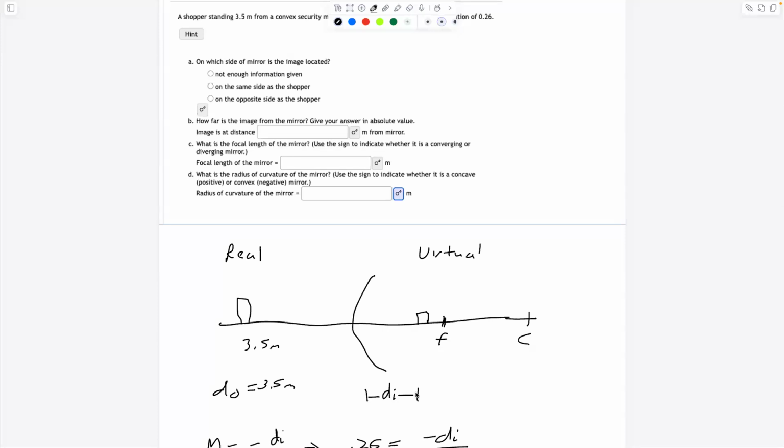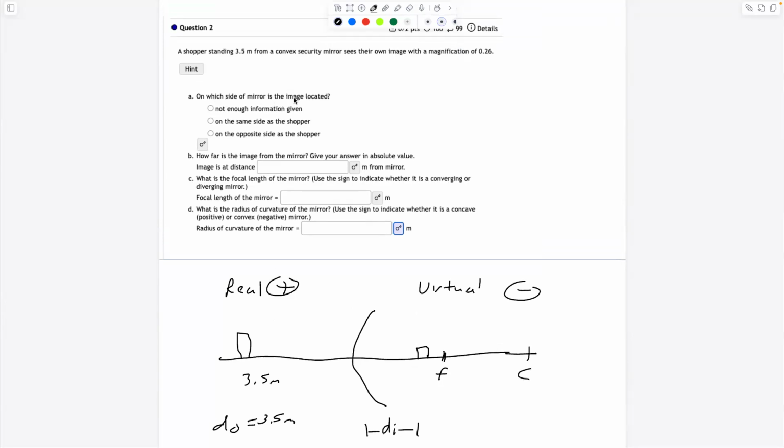So we're going to have some DI, distance to the image, and that's going to be a negative sign. Remember, any distance over here is positive. Any distance over here is negative. So I'm going to end up with a negative DI, and that'll just pop out on its own.